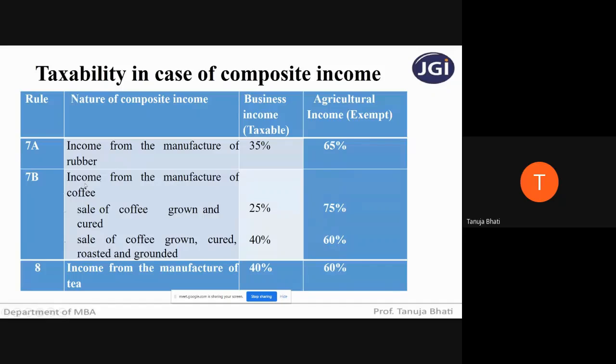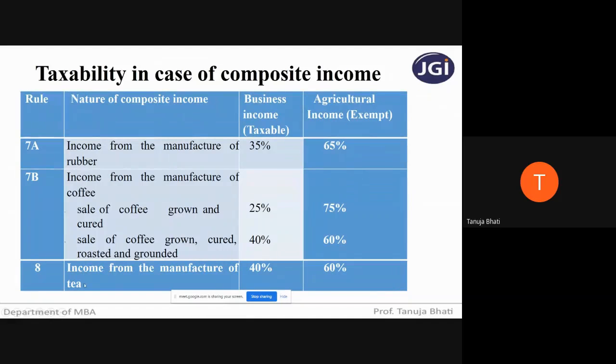Next, if it is income from the manufacture of coffee which consists of sale of coffee which is grown, cured, roasted, ground, (usually you get coffee beans, right? So only if the coffee beans are roasted, ground), then 40% of the income will be considered as business income and 60% as agricultural income.